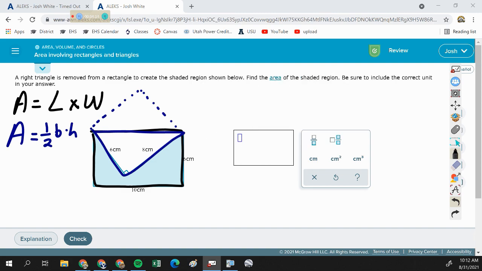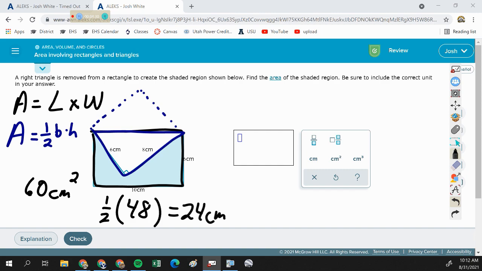Okay, so the area of our rectangle is going to be 60 centimeters squared. The area of our triangle is going to be 1/2 times 6 times 8 is 48. So that would be 24 centimeters squared. And the shaded region would be what?